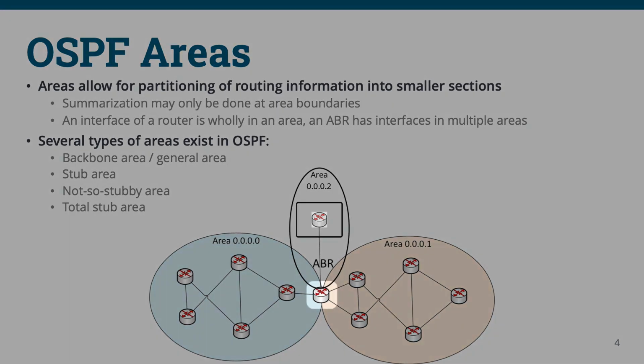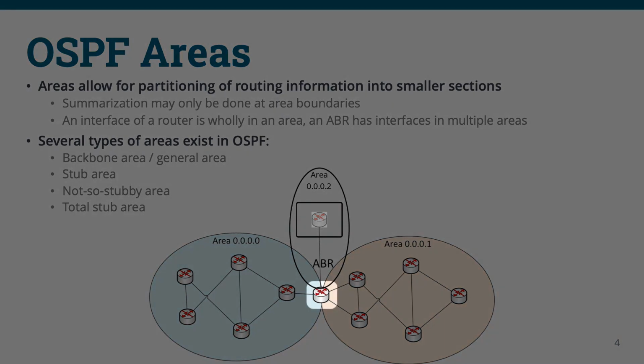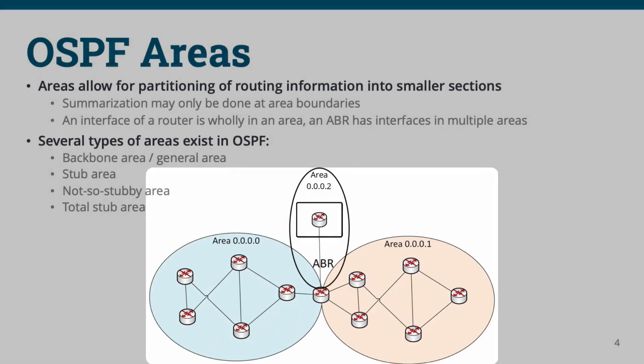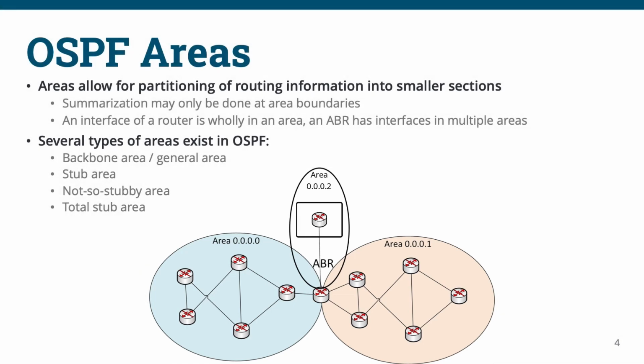This means a particular router may be a member of multiple areas. These routers are a special router type. They are called area border routers, or ABRs. There are other router types which we'll discuss in a following slide.